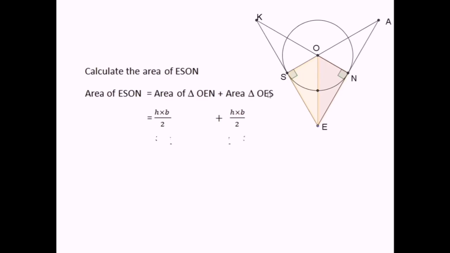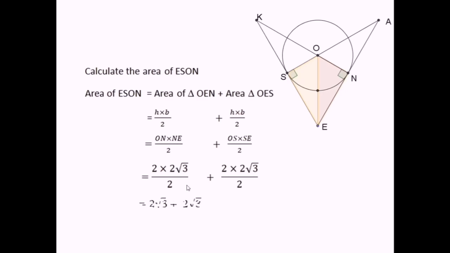So we can say, similarly in the other triangle, ON times NE over 2, and here OS times SE over 2. And ON is equal to 2 and OS is equal to 2, the radius of the circle C, and the circle C has a radius of 2. Then we can write, instead of ON 2 and instead of OS 2, we have just proved that SE and EN are equal to 2 radical 3, substituting them, then making normal calculations.